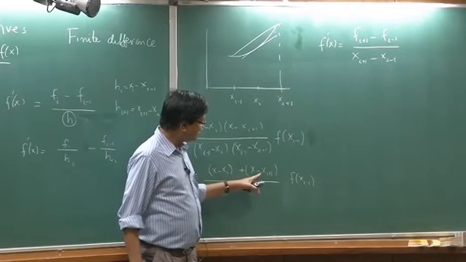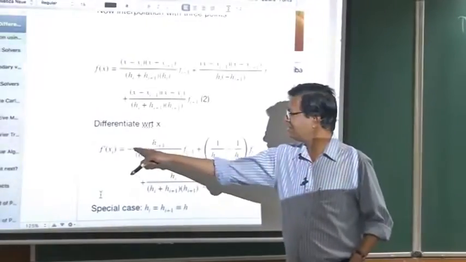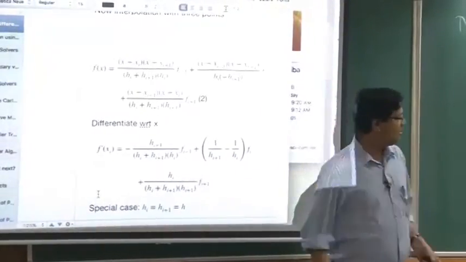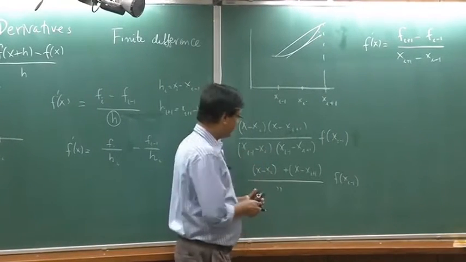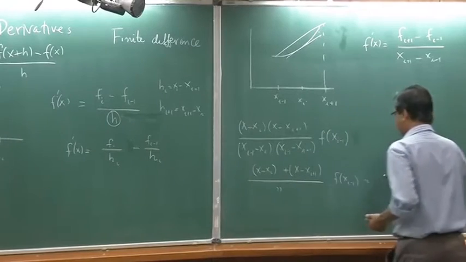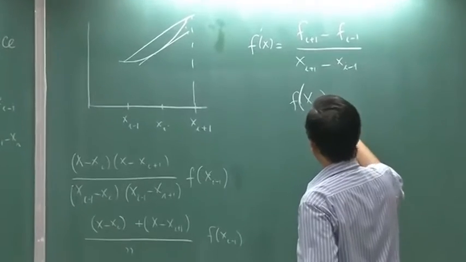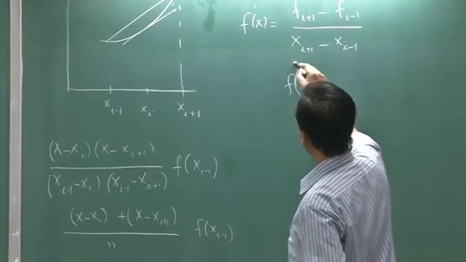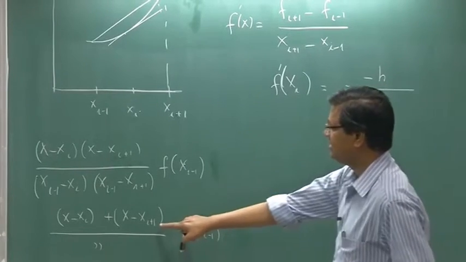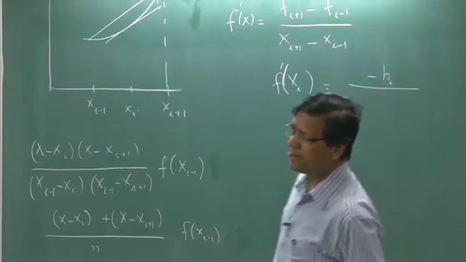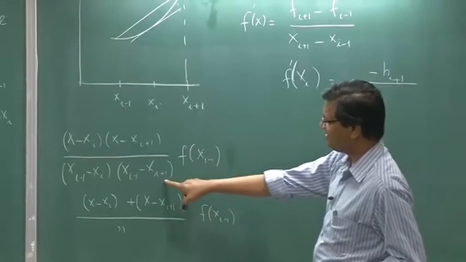So, it is xi minus xi plus 1, which is minus of hi plus 1, there is a minus sign here, it is hi plus 1. And now divide by what are these? This is minus hi. You agree that if I take the derivative at xi, above is minus hi plus 1, bigger of the two, divided by these.